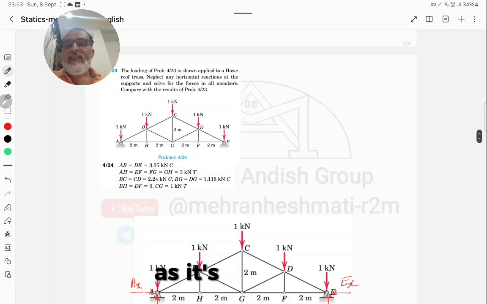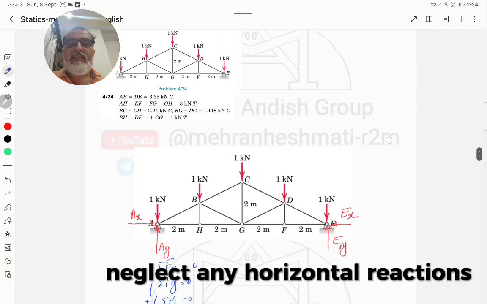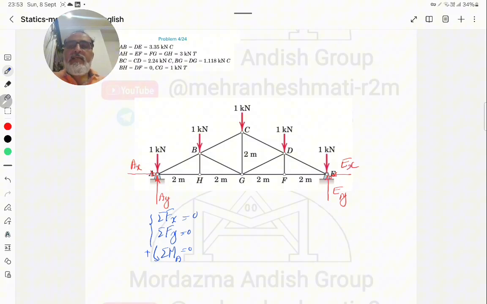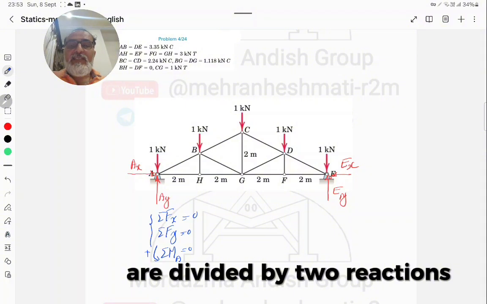As it's mentioned in the problem, we should neglect any horizontal reactions. In this case, we can consider that all loads are divided between two reactions.